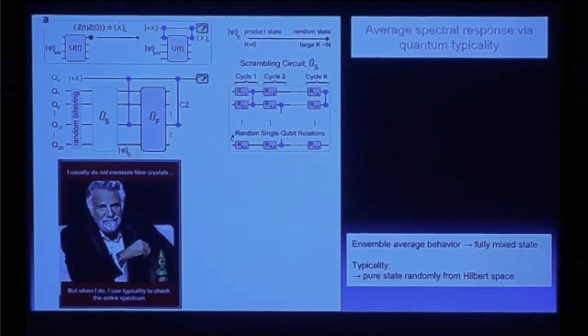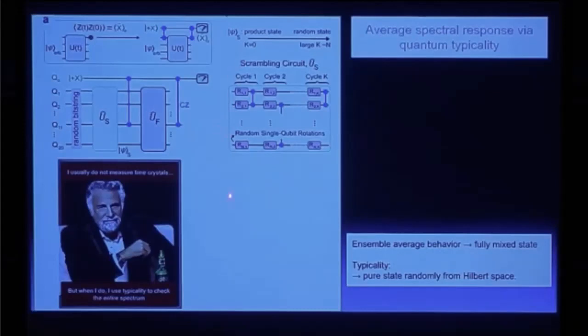And then we want the state to be Haar random in the Hilbert space. We don't need a random product state. We need states that are randomly chosen from the Hilbert space. So the way to do it is to introduce a scrambling circuit. You start from a product state, and then you scramble it, similar to the quantum supremacy experiment.